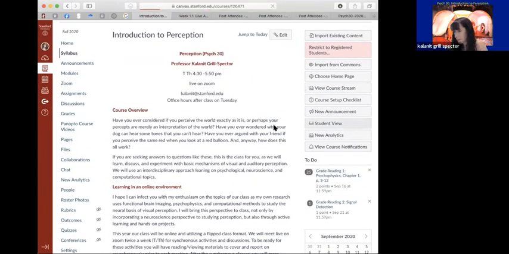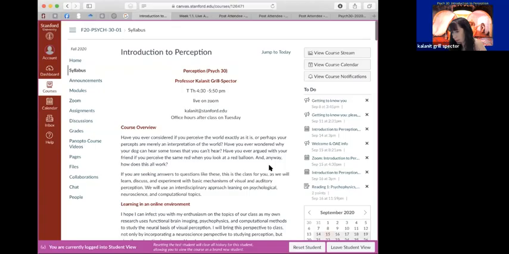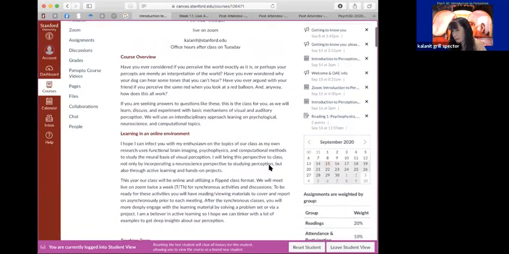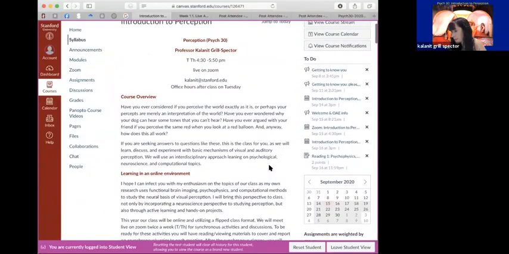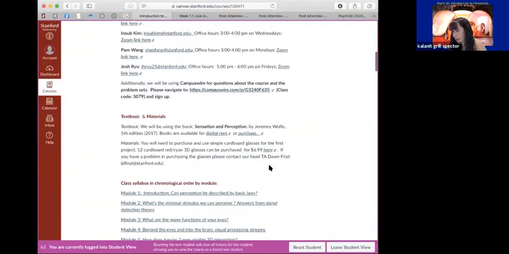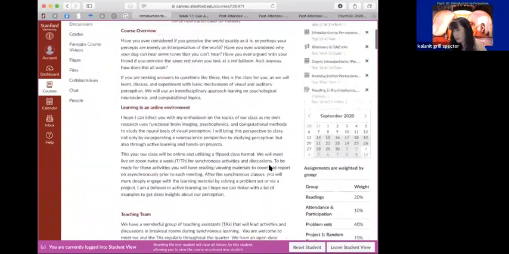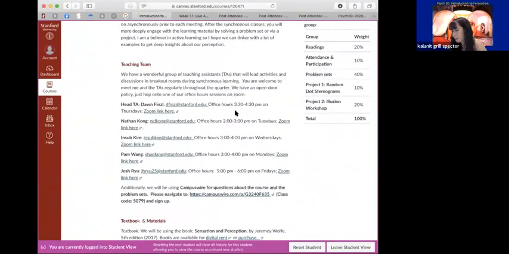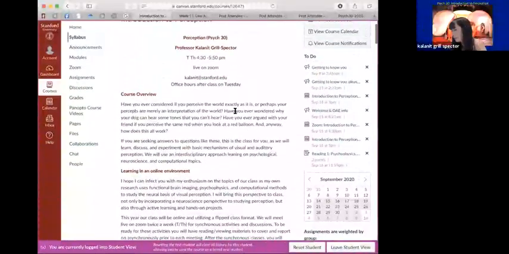Let me put it on the student view. So the most important thing that I'd like you to do to get started is going through this and reading our syllabus, because the syllabus will give you a good indication of what's in store. It also has our information, and it has our office hours. All of us are going to have office hours throughout the quarter.